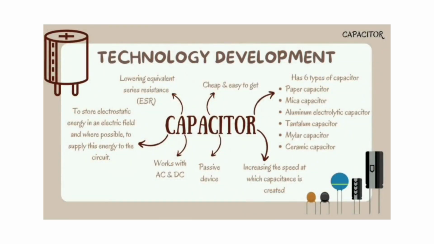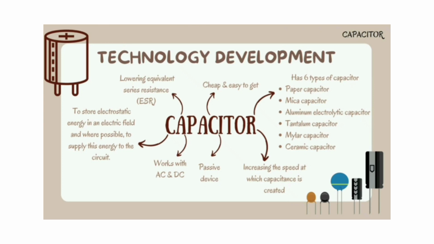A capacitor is used to store electrostatic energy in an electric field and, where possible, to supply this energy to the circuit. A capacitor can lower equivalent series resistance, ESR. It is easy to get and cheap, but it depends on the type of capacitor.